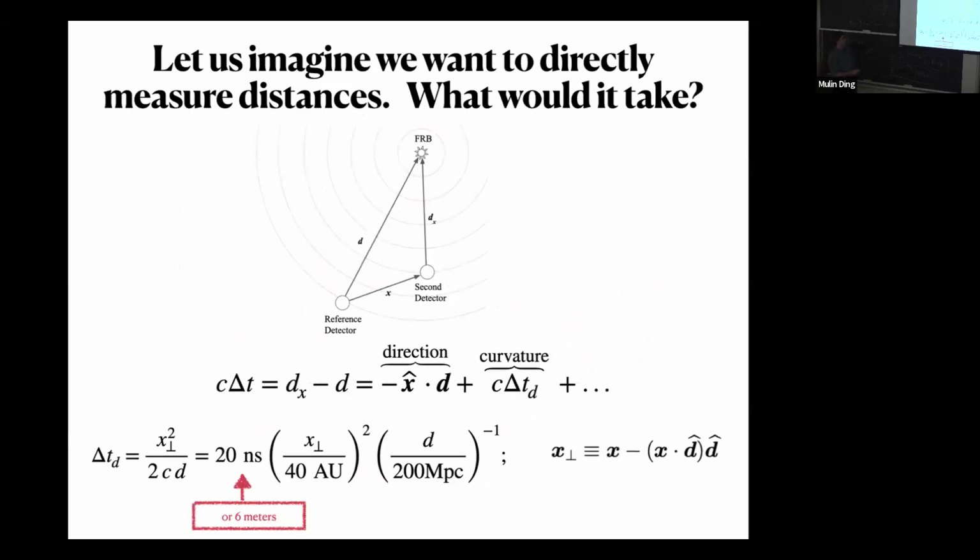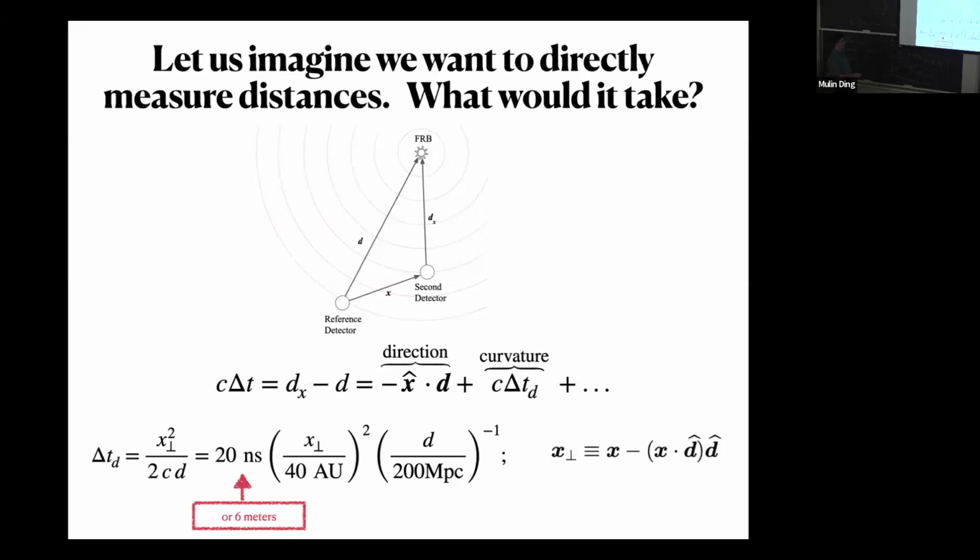And so in particular, we can calculate how big of an effect this curvature of the wavefront is. My FRB light will hit a reference detector, and then it will hit a second detector. The time difference between it arriving at the second detector and the reference detector is, of course, just given by differencing the distances.